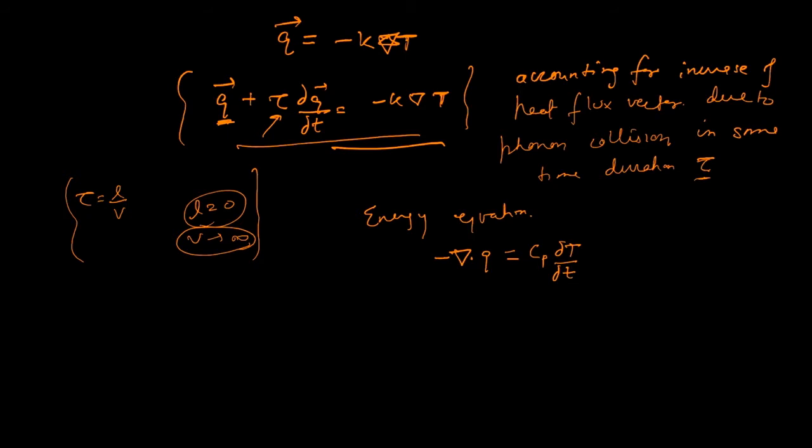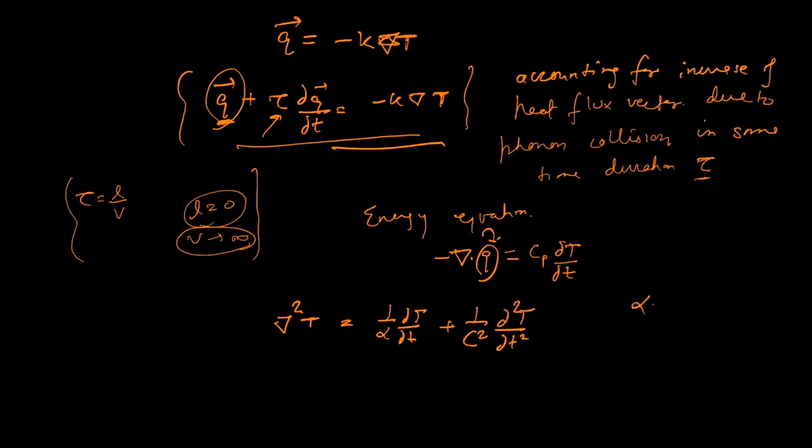So if you combine both of these, if you substitute this q part into this equation, then you would get gradient square of T equal to 1 over alpha dT over dt plus 1 over c square del 2 T over del t 2. Here we have defined alpha equal to k by cp, and c equal to root of alpha by tau.